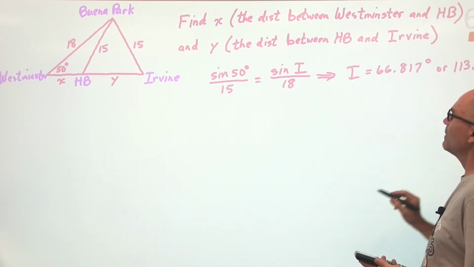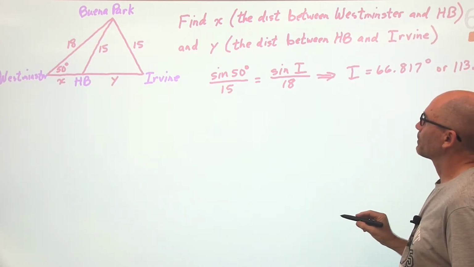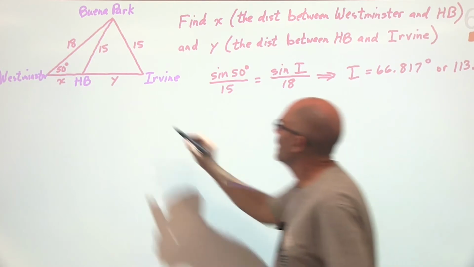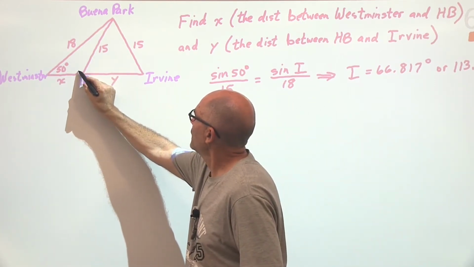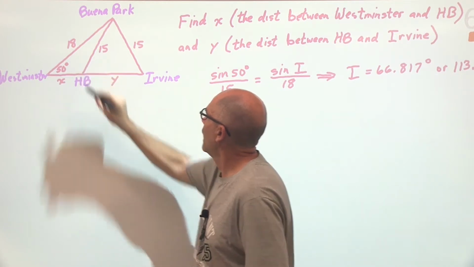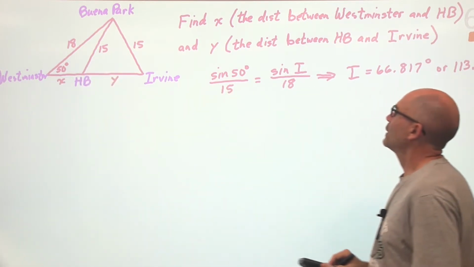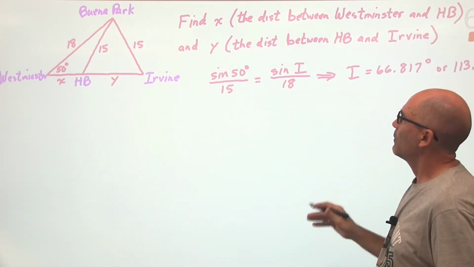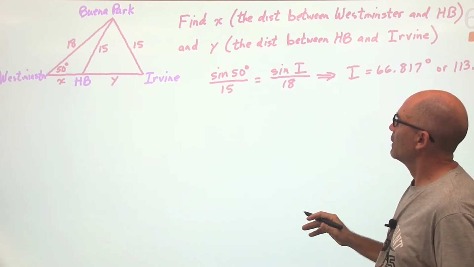Now, 113.183 is going to be this angle right here, the angle at Huntington Beach. So now I'm ready to find out what x is.